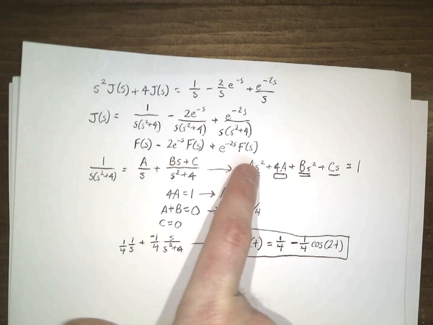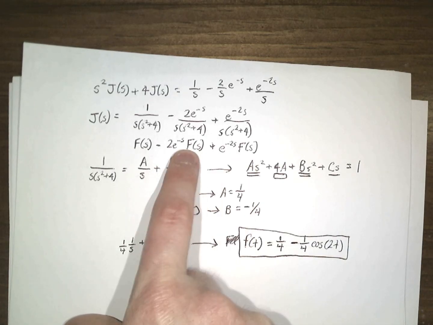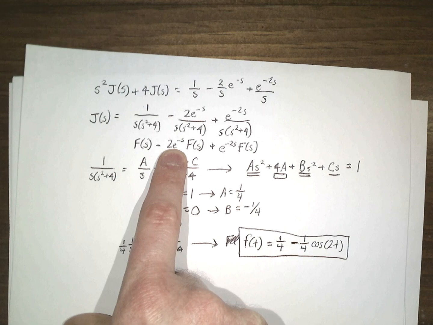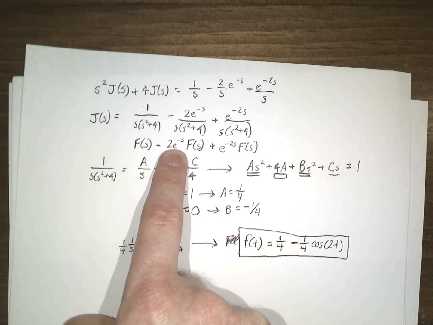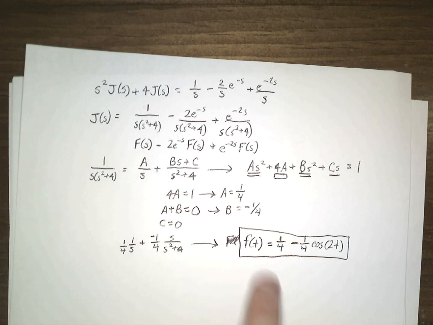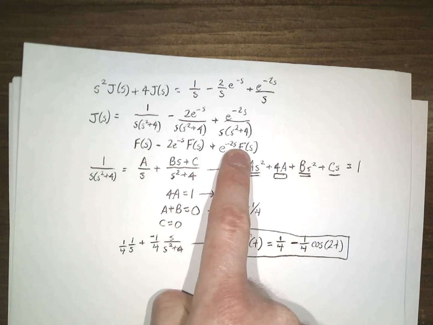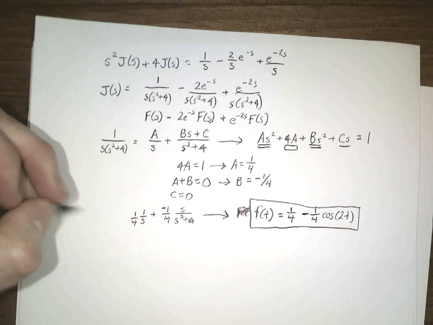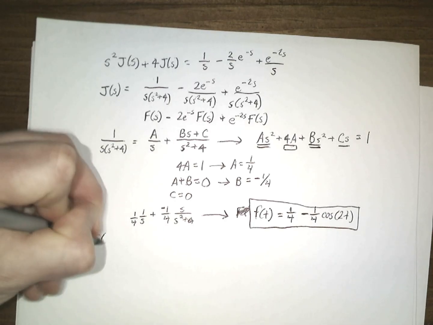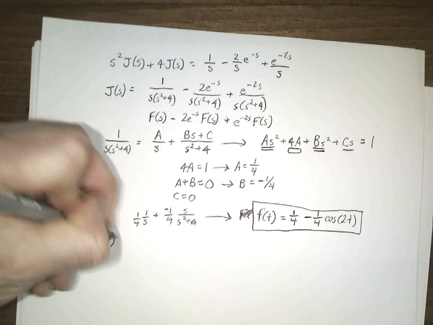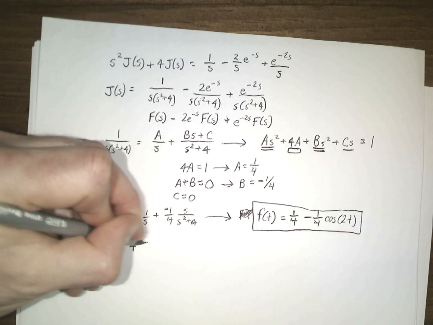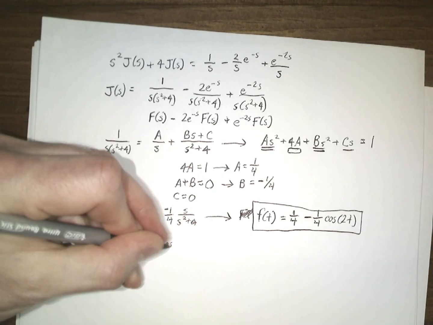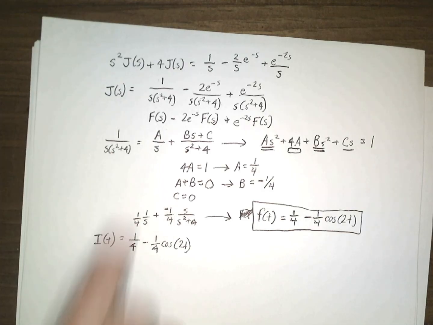So we're going to use our identities with an inverse Laplace transform and an exponential to write this as a sum of something that looks like this, and the later ones in the sum here will be multiplied by a step function. So we apply it term by term. The current as a function of time is equal to 1/4 minus 1/4 cosine 2t. That's the first term by itself.